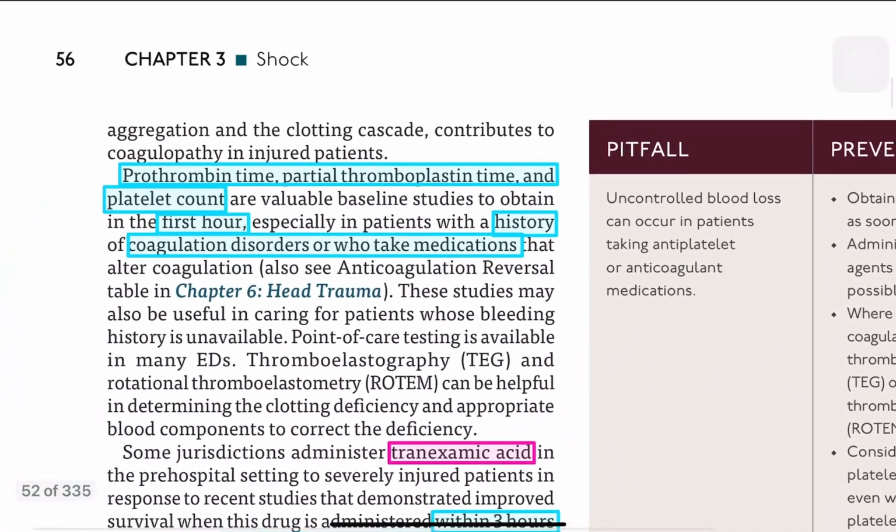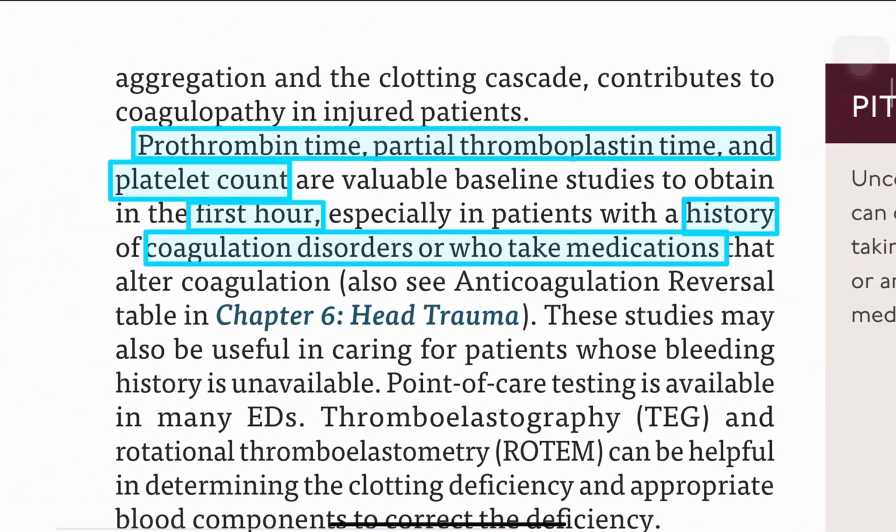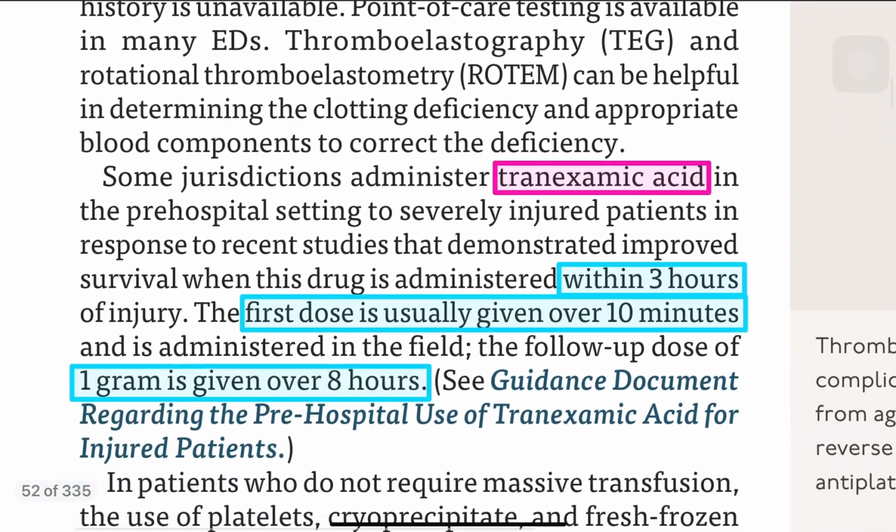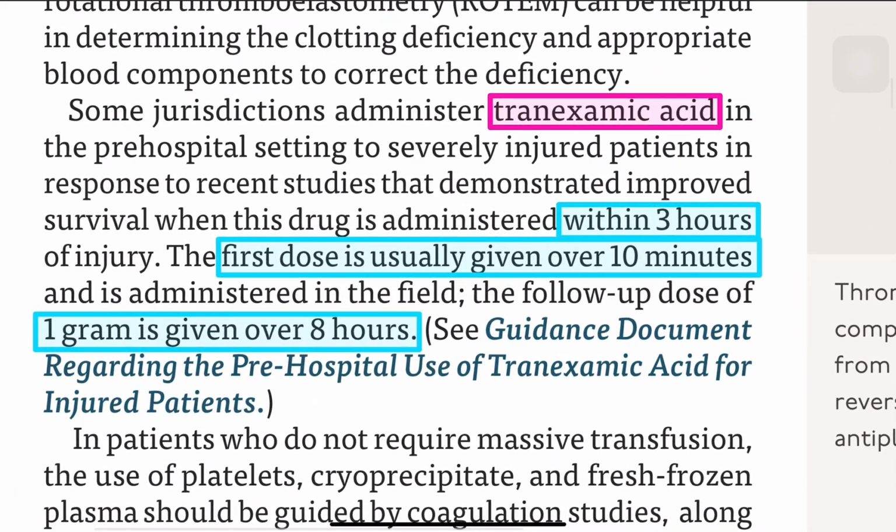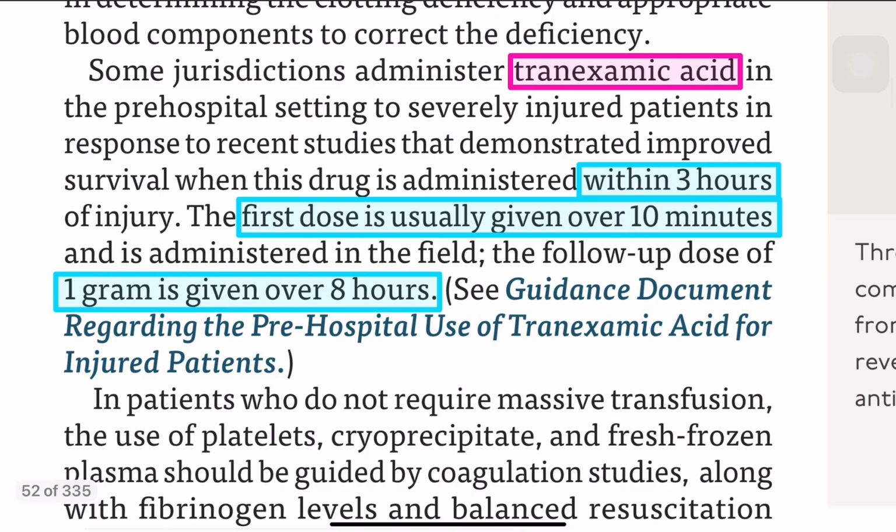Now coagulopathy. PT, APTT and platelet count should be done in the first hour if there is a history of coagulation disorder or the patient takes medication that alters coagulation. Tranexamic acid is given within 3 hours. The first dose is usually given over 10 minutes, followed by 1 gram given over 8 hours.